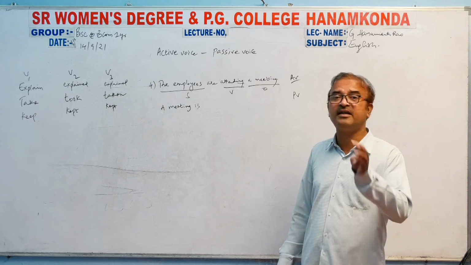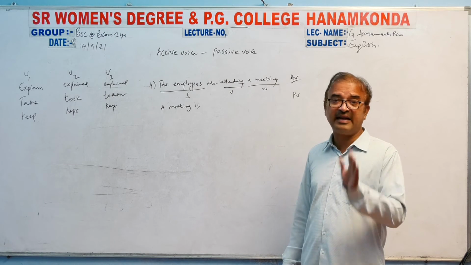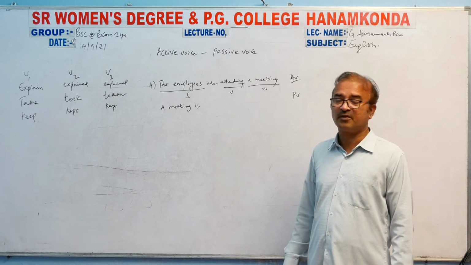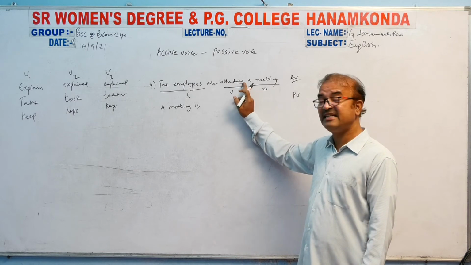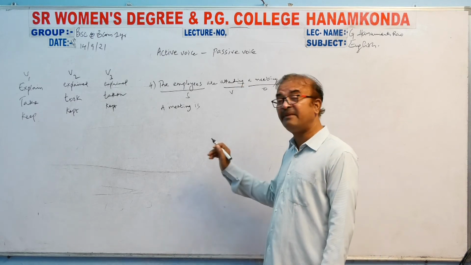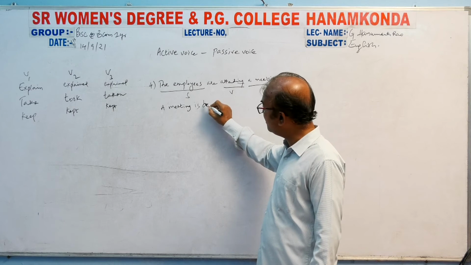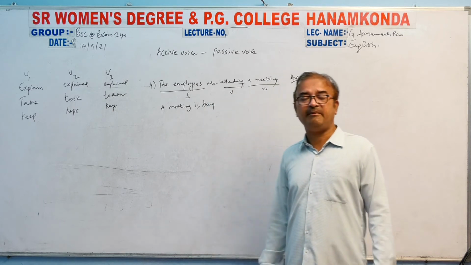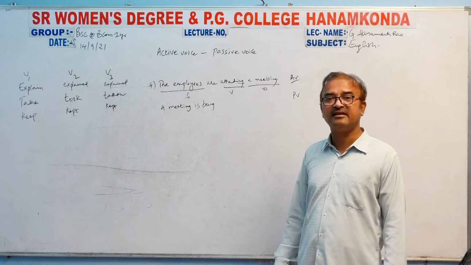It is still ongoing. It has not come to an end. So here attending means the meeting is still going on. So whenever you have ing in the verb, in passive voice you have to add a thing. What is that? Being. A meeting is being.